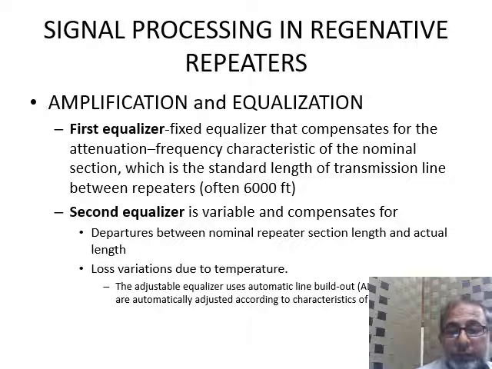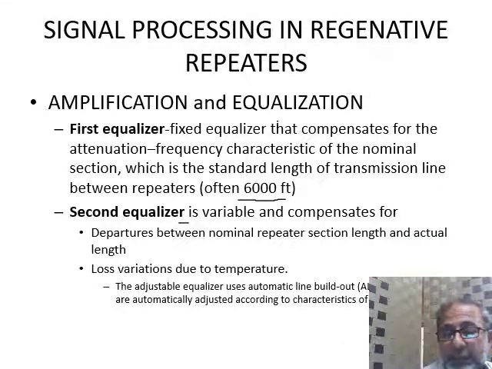So, how a signal is processed in regenerative repeaters. First of all, the amplification and equalization is done. First equalizer, what does it do? It is a fixed equalizer that compensates for the attenuation frequency characteristics of the nominal section, which is the standard length of transmission line between repeaters, which is normally 6,000 feet.